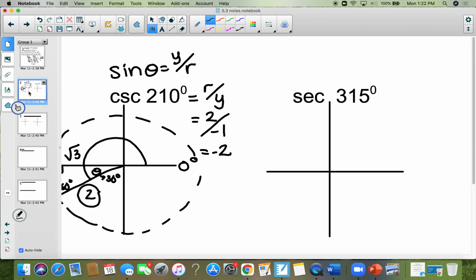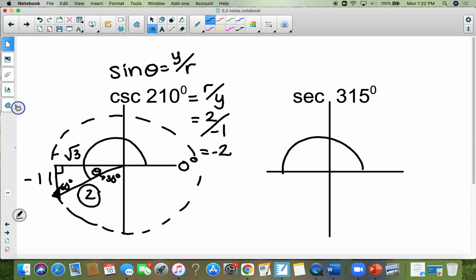Okay, let's do more. The secant of 315, I'm going to go all the way around to 315. 315 is right in the middle of the fourth quadrant, right smack dab in the middle. I take my arrow and I always bring it up to the x-axis. This makes 90 degrees. That means I have 45 degrees for my reference angle, and that means that this is also 45 degrees.